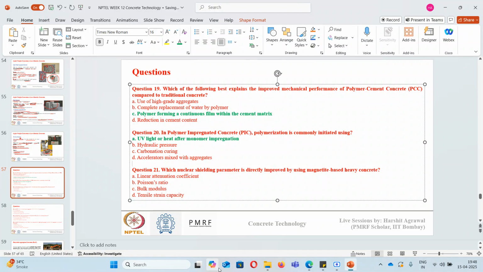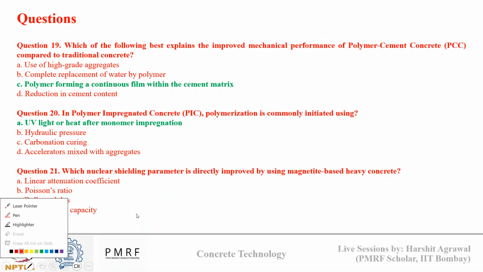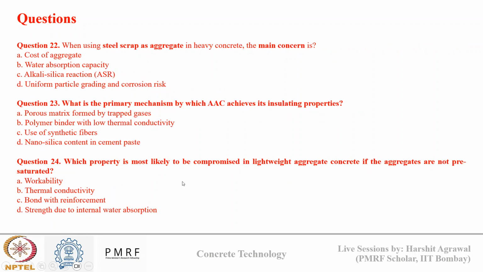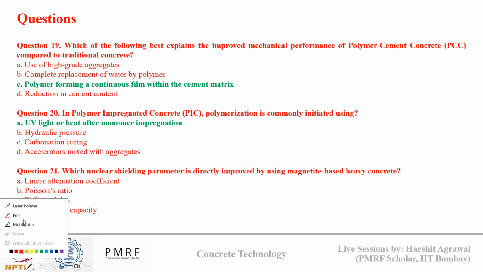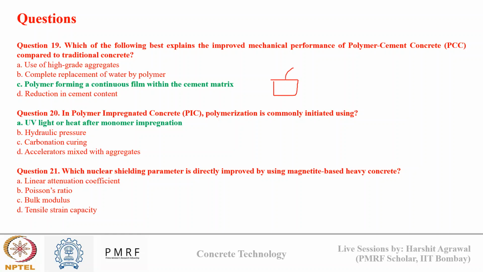So what happens in this? Initially, my concrete is dry. In a dry concrete, a liquid monomer, which is a single unit of a polymer, is impregnated in the dry concrete.